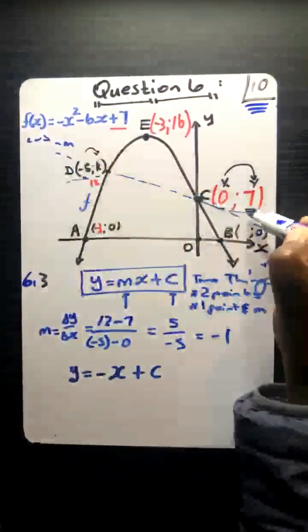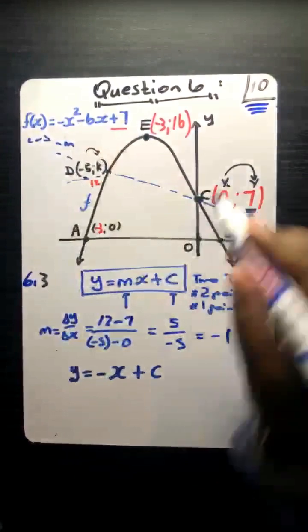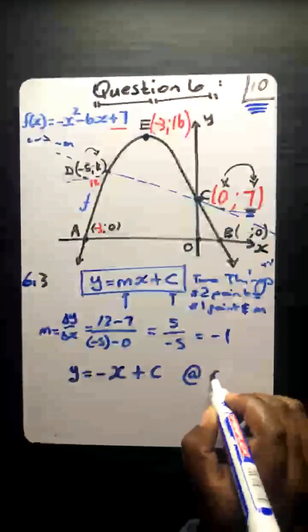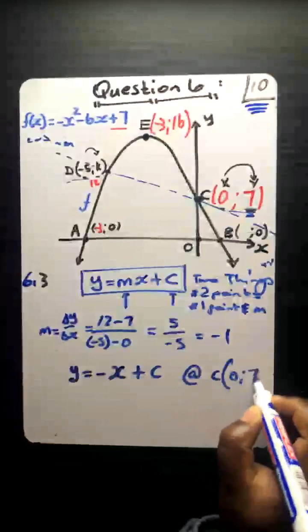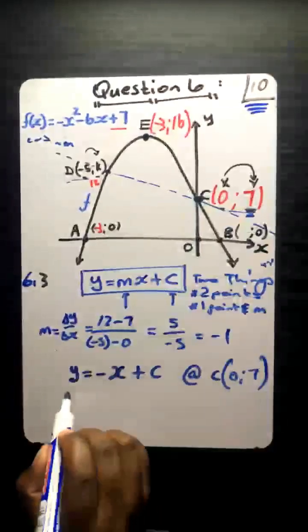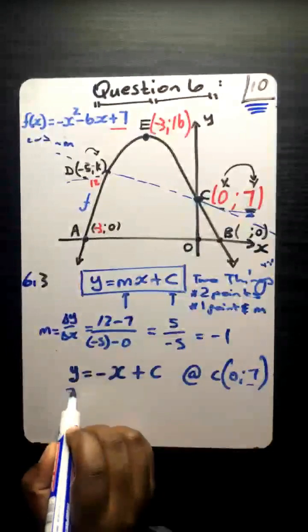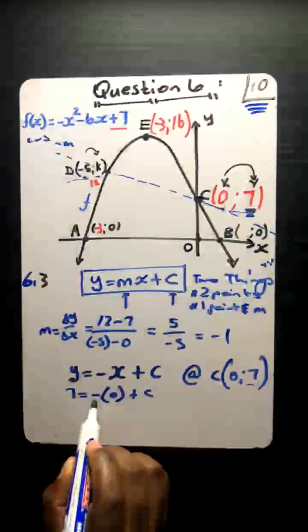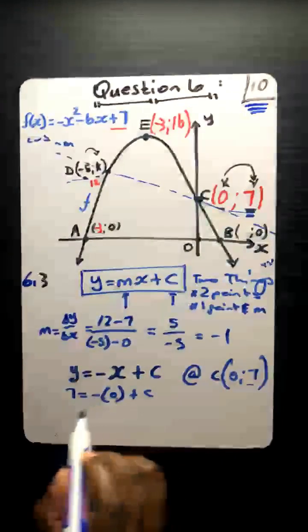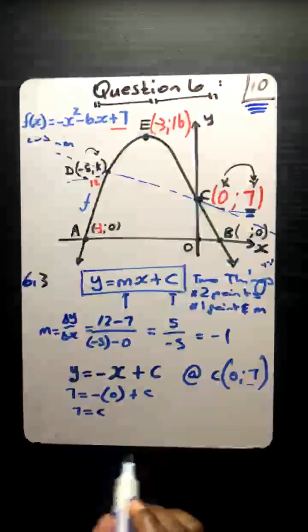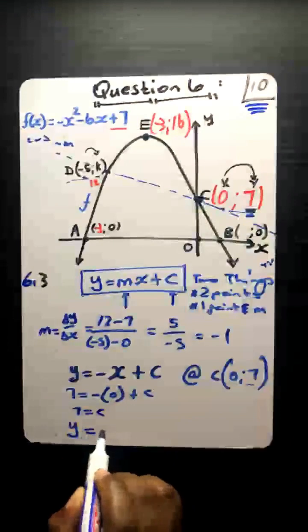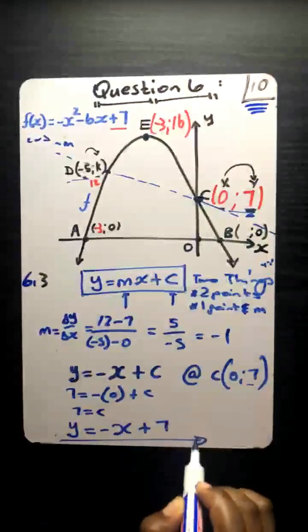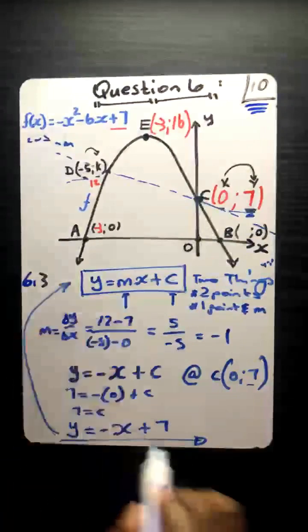Otherwise, one would say, I will rather calculate it and say at point C having 0 and 7, then y, it is 7, equals negative 1 times 0 plus C. Then you realize that times that it's 0. So actually, C is equal to 7. Therefore, the equation of your straight line ends up being that. Can you see? You have represented it in that format, which means you have answered the question.